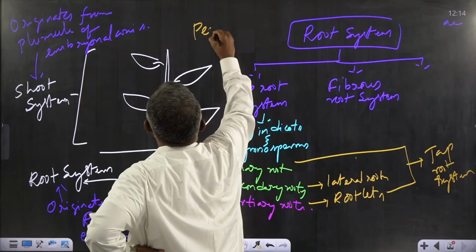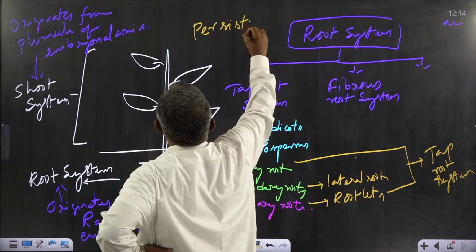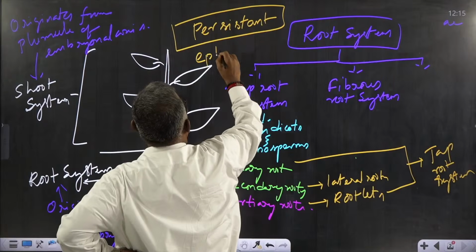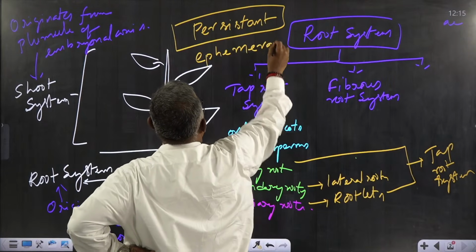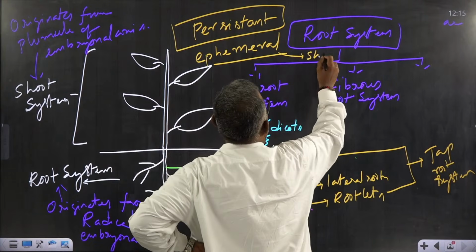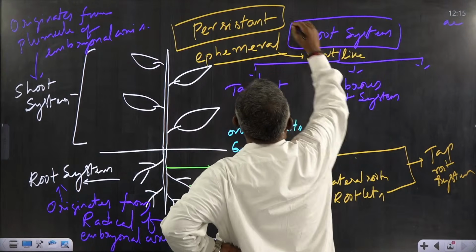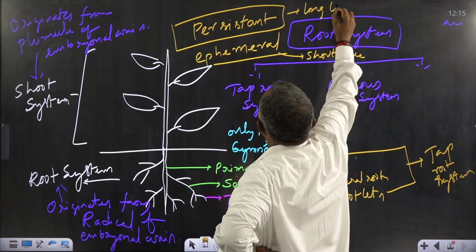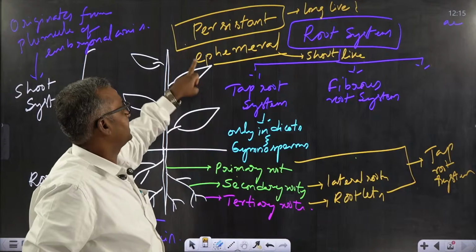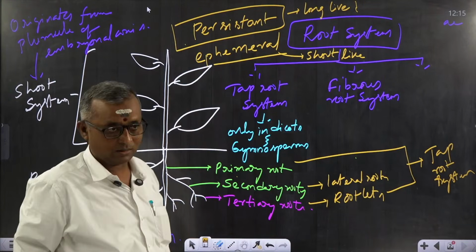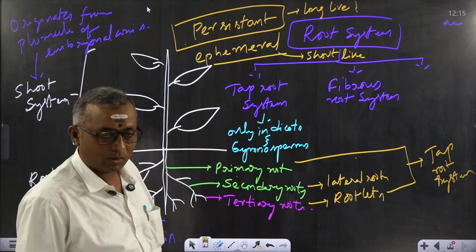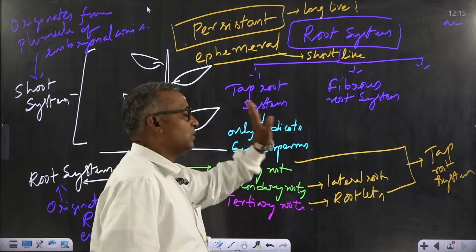It remains for a long time, became the primary root, and the primary root has given lateral roots and rootlets.